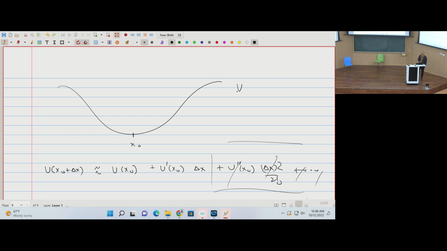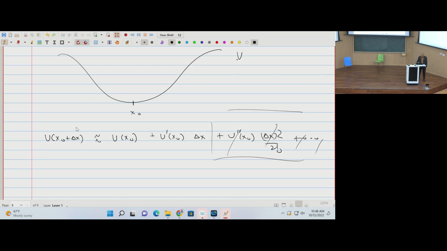So I will say that delta x squared is much smaller than delta x and so on. So I will only retain the first derivative. By the way, sorry, I don't want to do this. Actually this is 0. That's an equilibrium point, right? So du by dx at x naught is 0.